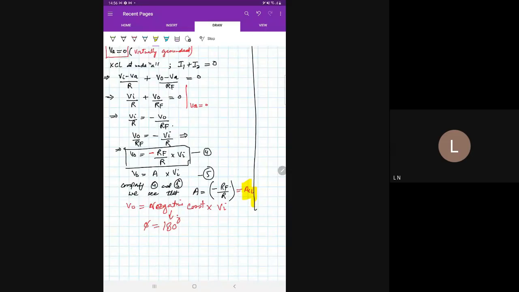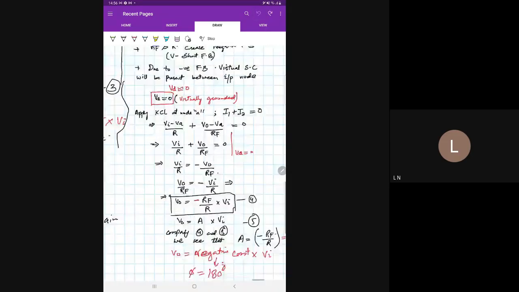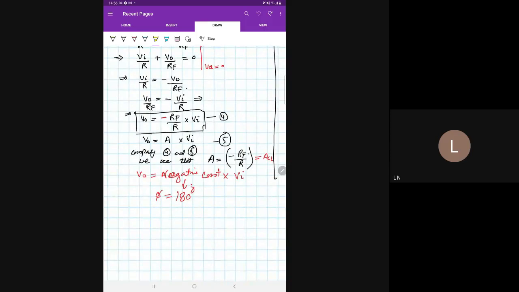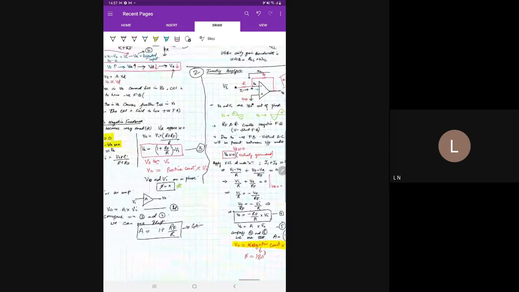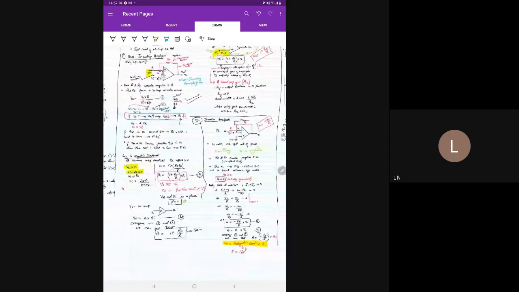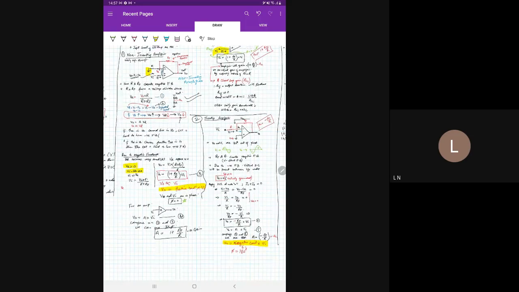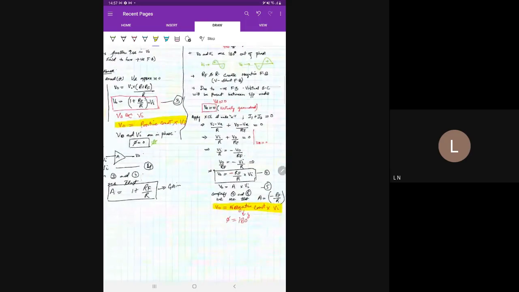If we compare it with the previous circuit, the non-inverting amplifier, here we have V output equal to a negative constant times input, whereas in the non-inverting amplifier the case was V output equal to a positive constant times input.